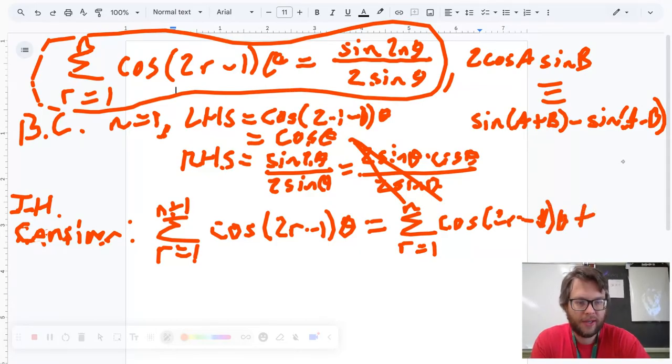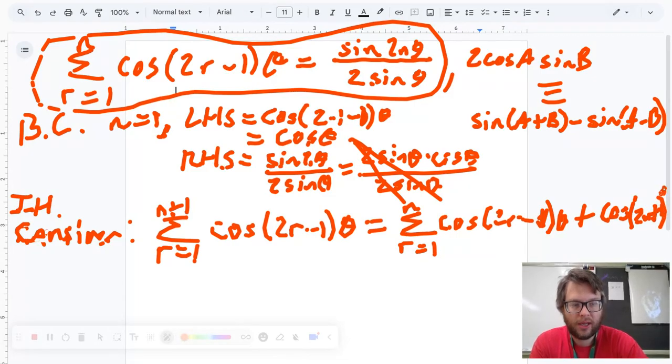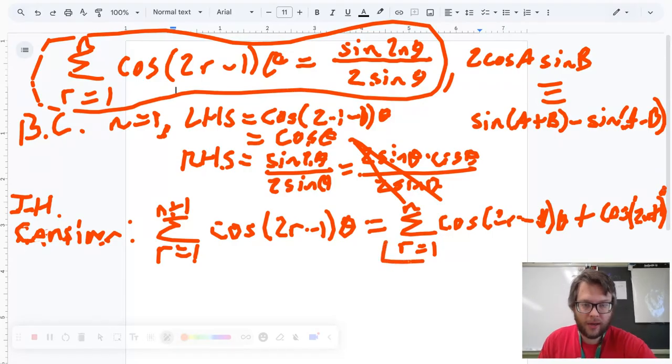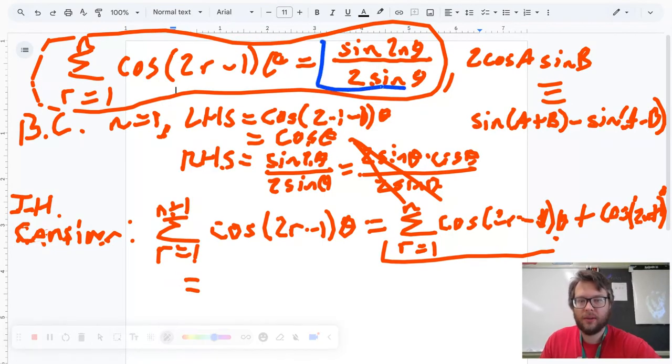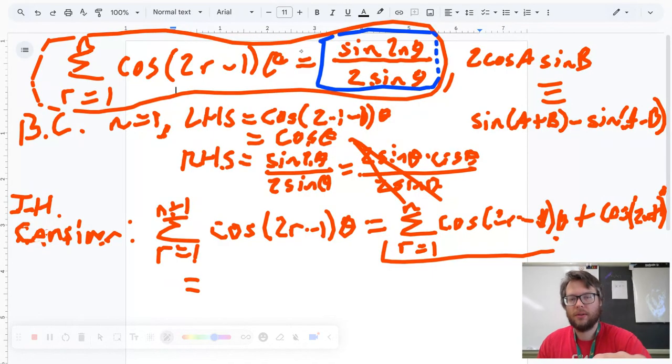This is outside of the sigma. This is cosine. We plug in n plus 1, so we get 2n plus 2 minus 1, which is cosine (2n plus 1) theta. This first part is our induction hypothesis, so based on our induction hypothesis, we can replace it with this.